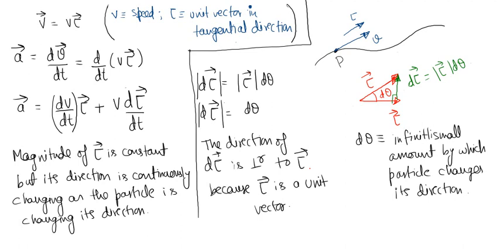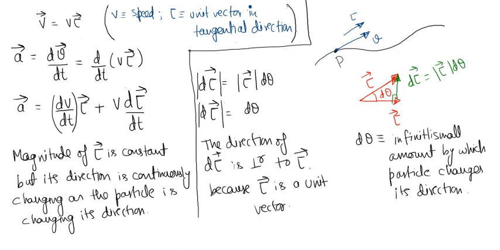So the velocity vector of the particle is speed v multiplied by tau, where v is the speed of the particle and tau is the unit vector in the tangential direction.